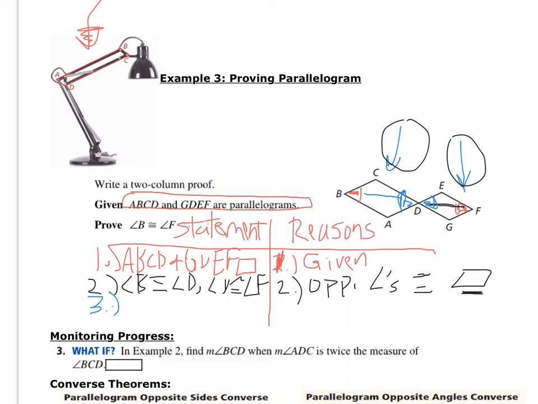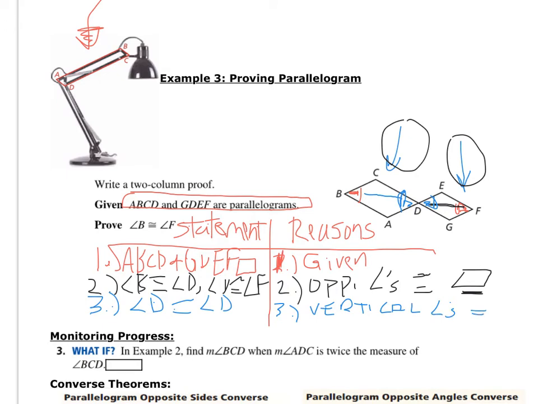And what did we learn about vertical angles? That vertical angles are congruent. Oh, something from first semester showing up again. So we will put angle D is congruent to angle D, and our reason is, you can just put vertical angles, it'd be fine. But vertical angles are congruent.